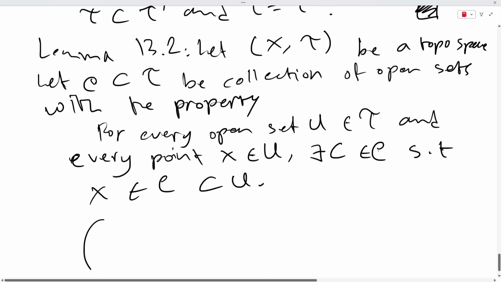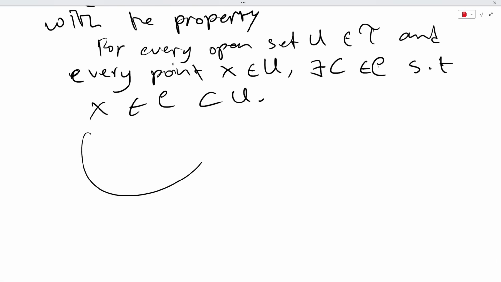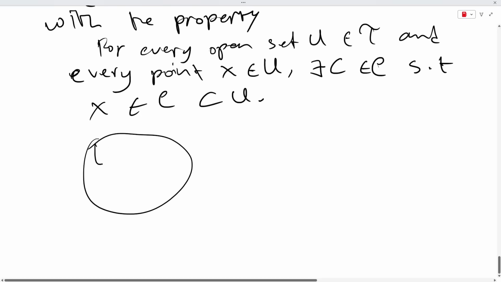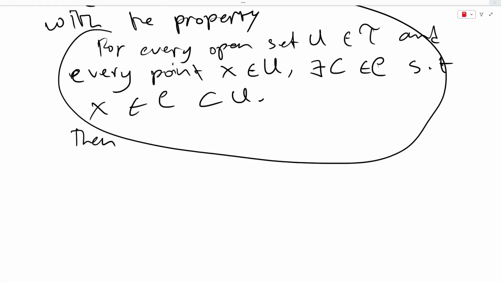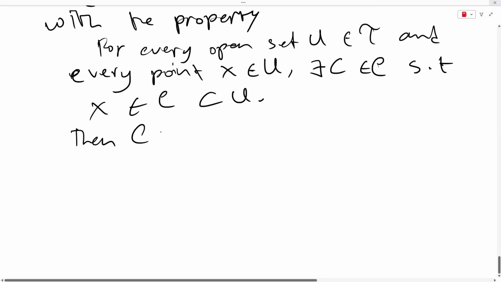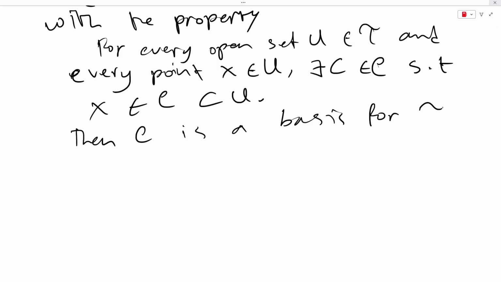So it's like if you have this open set U, and if this property is satisfied, then C is a basis for tau.